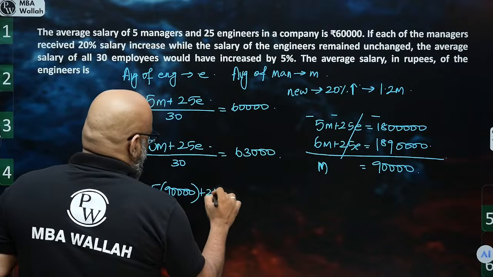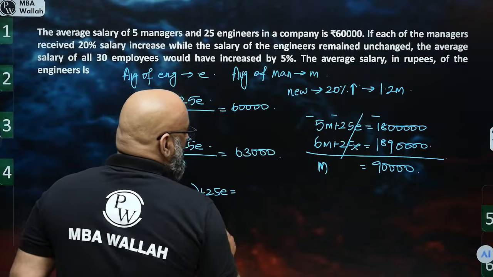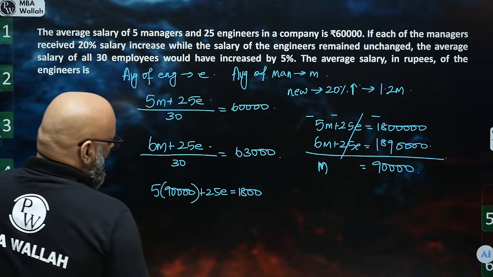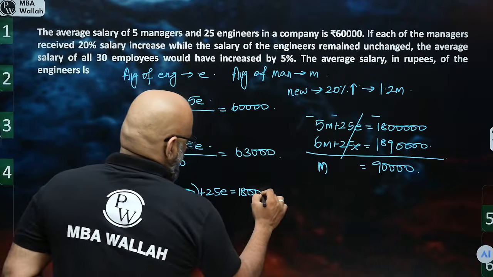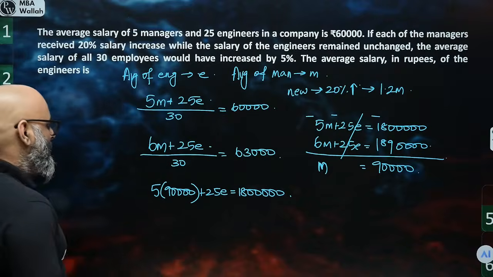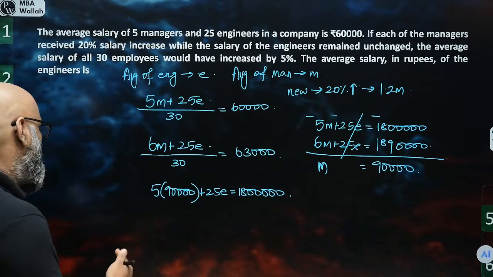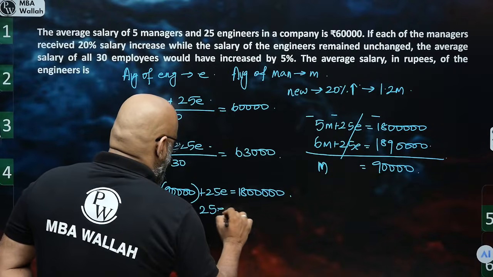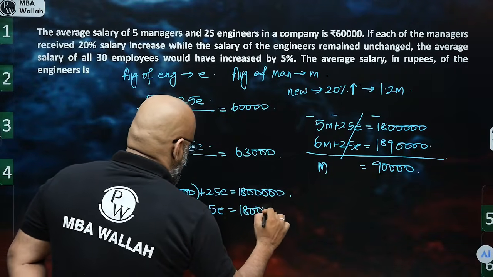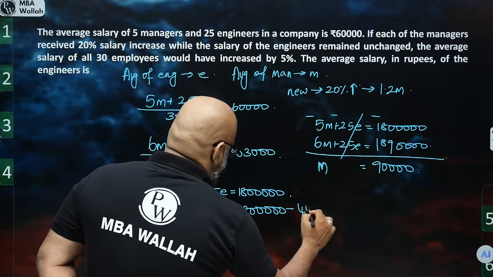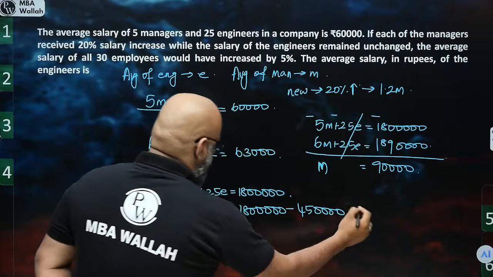Plus 25E is equal to 18 lakhs. 5 into 90,000 is 45 followed by 4 zeros, which goes to the other end. So 25E is equal to 18 lakhs minus 4 lakh 50,000. 1, 2, 3, 4.